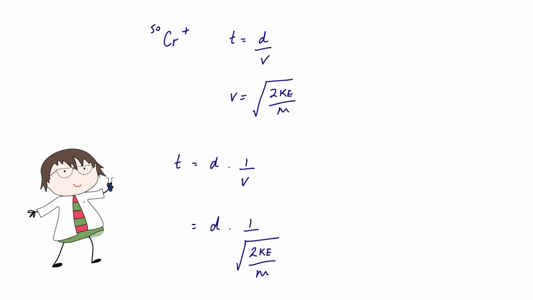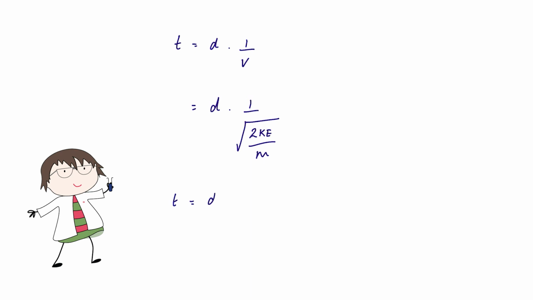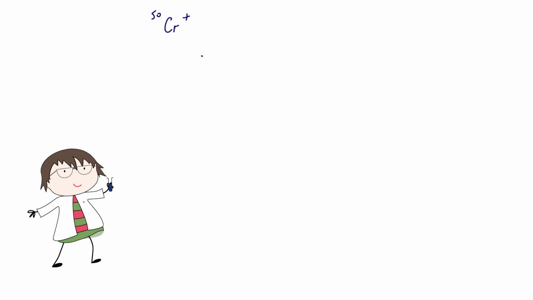And luckily that simplifies nicely to time equals distance multiplied by the square root of the mass divided by twice the kinetic energy. So we know the distance, we know the kinetic energy, we just have to figure out the mass of a single chromium-50 ion, and we'll do it in exactly the same way.